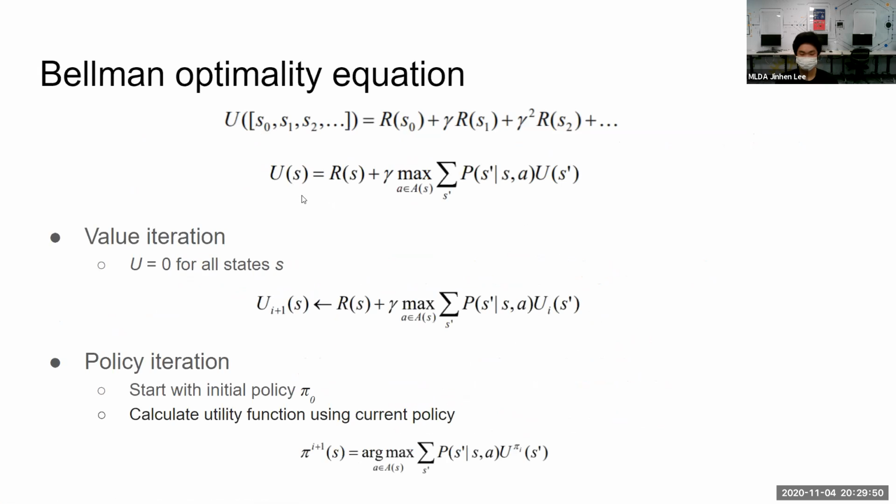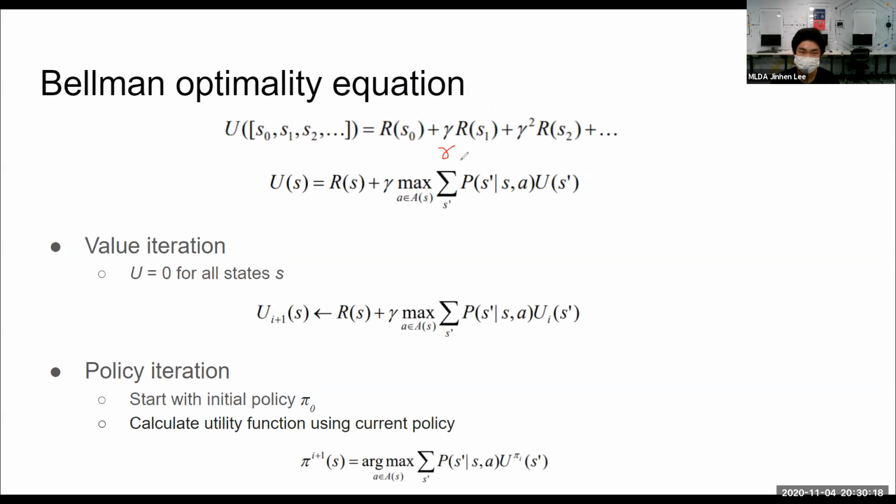Now we have a Bellman optimality equation to solve this. To derive this from your sequence utility, you factor out this factor gamma, and you have R of S1 plus gamma times R of S2 and so on.